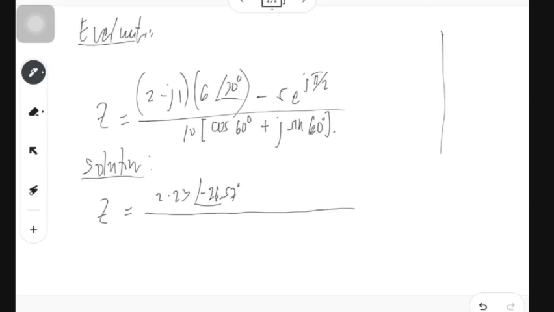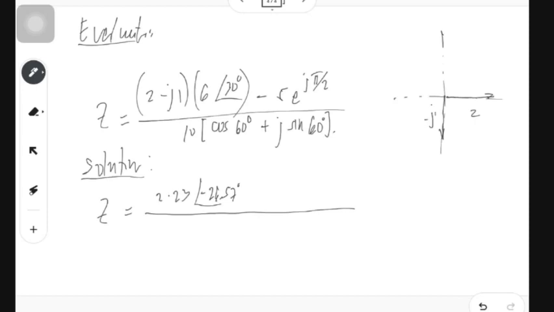Your 2 minus j1, if we're going to plot that on a Cartesian coordinate, no? 2 is positive, so the real part is on this side. Ito yung ating 2. Then j1 is negative. Negative is directed downward. Andito yun. So ito yung ating negative j1, no?